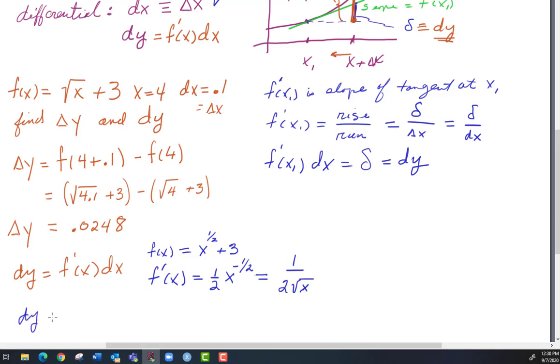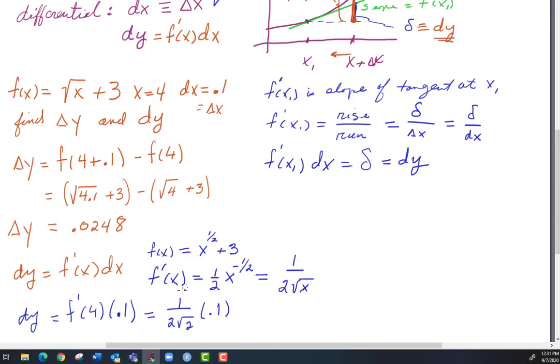And then dy would be f prime evaluated at 4 times dx, which is 0.1 in this case, would be equal to 1 over 2 square root of 2 times 0.1.